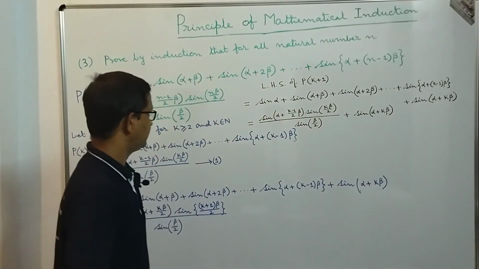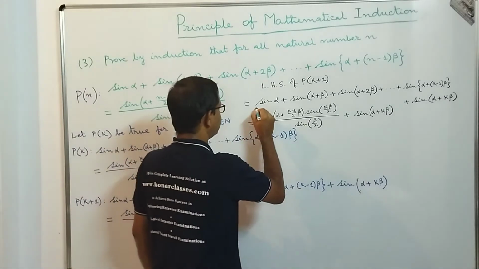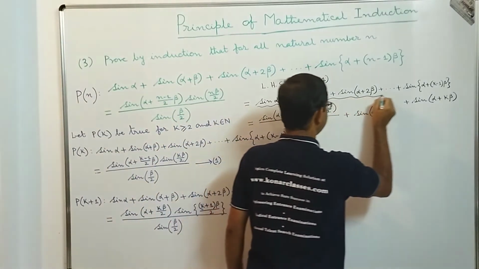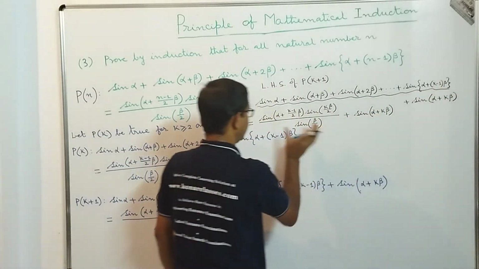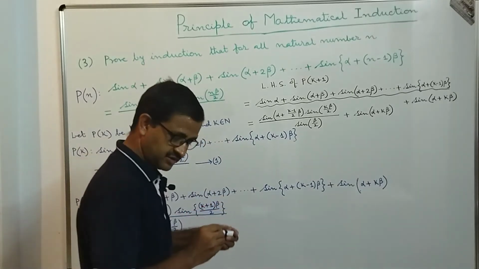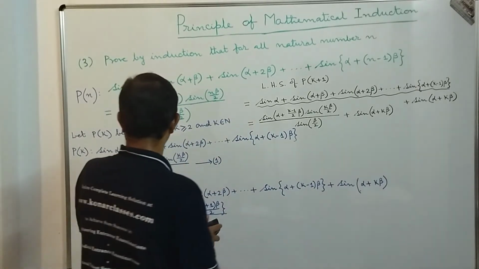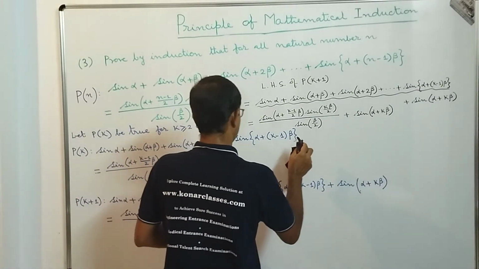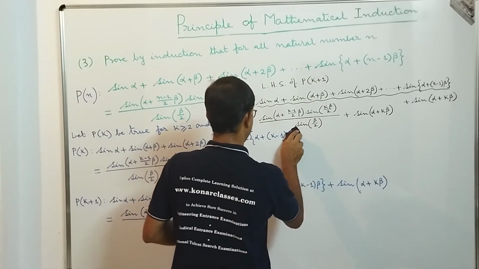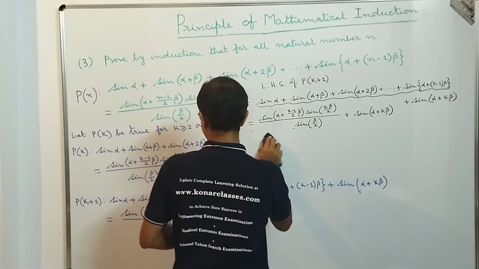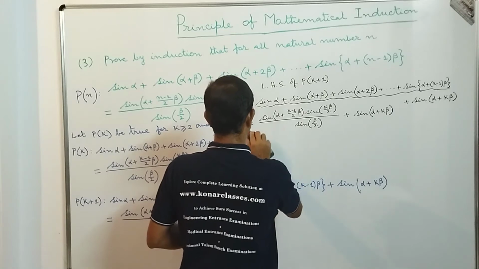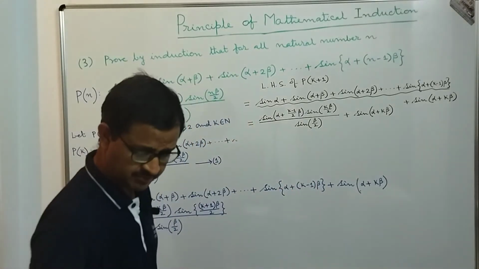Correct? So what I am saying is that this entire term sin(α+β) is equal to this one. Now let's work on this. Let me remove this part, and let's see how we can proceed.